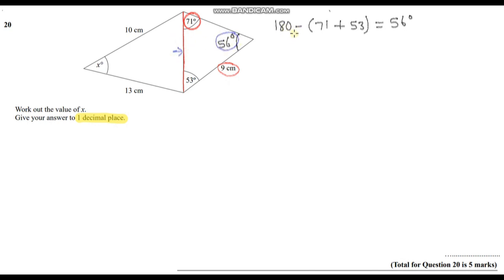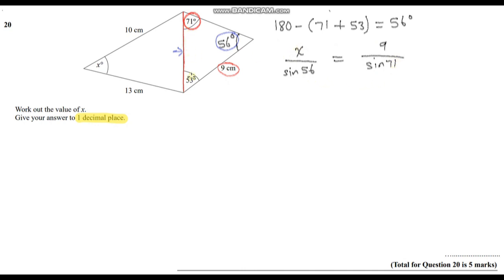And the sine rule states that the ratio between one of the side lengths and the sine of the angle opposite, so the sine of 56 degrees, is equal to the ratio between this side length and the sine of the angle opposite it, which is 71. So the sine of 71.